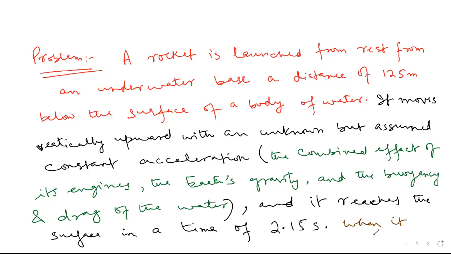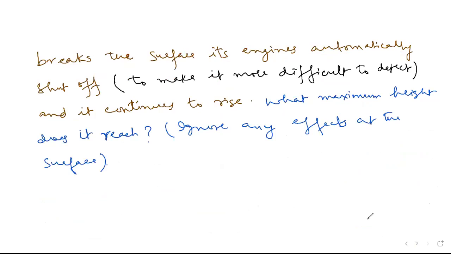When it breaks the surface, its engines automatically shut off to make it more difficult to detect, and it continues to rise. What maximum height does it reach? Ignore any effects at the surface. So let us discuss the solution on the next page.